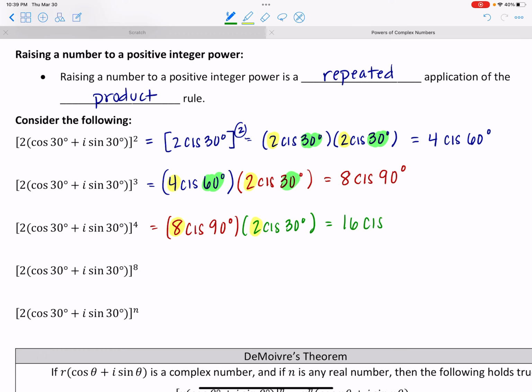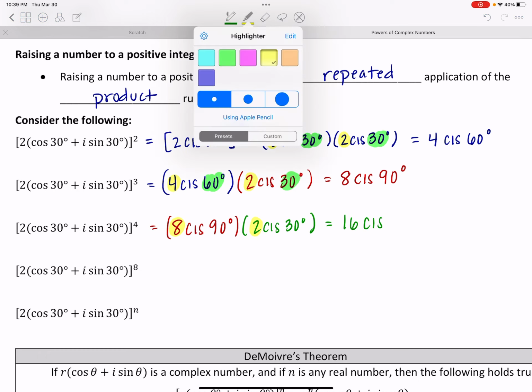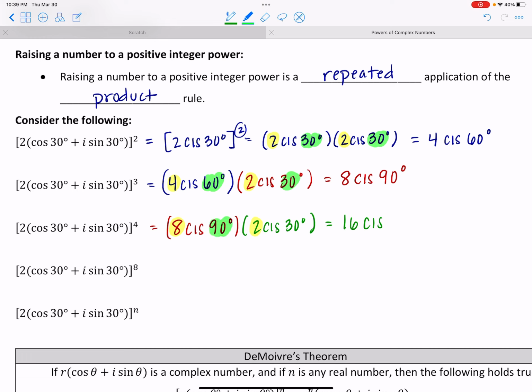And then we're going to add our angles. We have the 90 plus the 30. That gives us 120. And maybe you're seeing some patterns forming. I hope you are, because on the next one, we're going to be jumping to the 8th power of this complex number. What's going to happen on the 8th power?